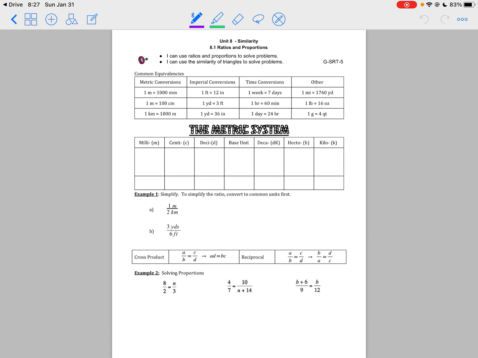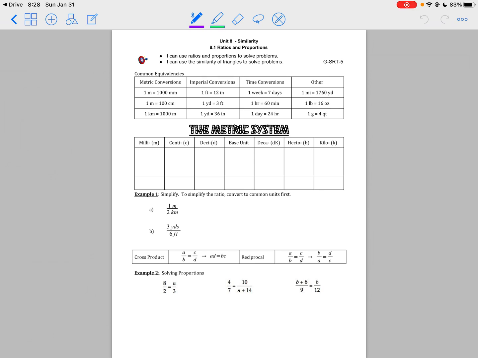Some imperial conversions, which is the unit of measurement that we use in the United States: 1 foot is 12 inches, 1 yard is 3 feet, and we can also say that 1 yard is 36 inches by converting those feet into inches. For time, 1 week is 7 days, 1 hour is 60 minutes, 1 minute is 60 seconds, and 1 day is 24 hours.